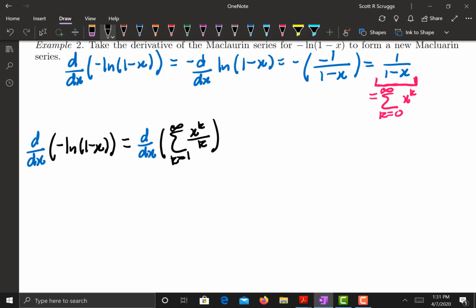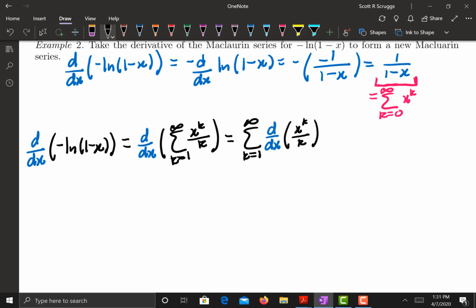Talking about our property of derivatives for power series, the derivative of a power series tells me I can move the derivative inside the series and take the derivative step by step.